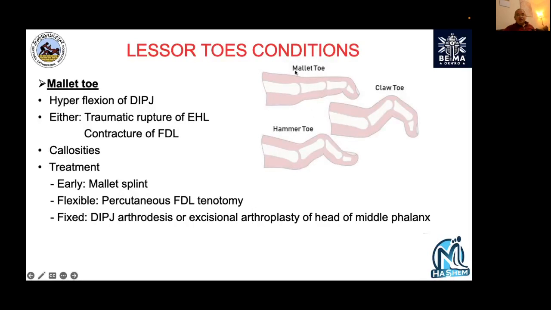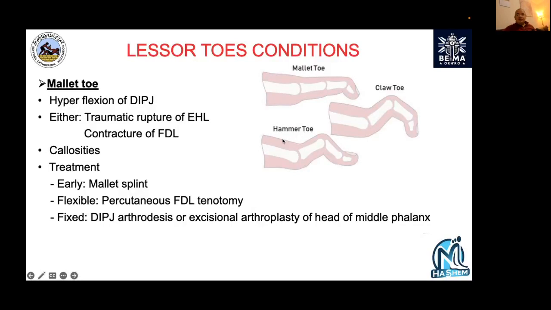Again, mallet toe as a mallet finger. All you lost is the long extensors, so the long flexors will be overpowering and flexing the DIP and the distal phalanx only. Claw toe happens with neurological conditions. When the patient has a neurological problem which is causing muscle contraction or overpower, and because normally the flexors are overpowering the extensors, the toe will be flexed at the PIP and DIP joint, and as a compensation, the MTP will be extended.